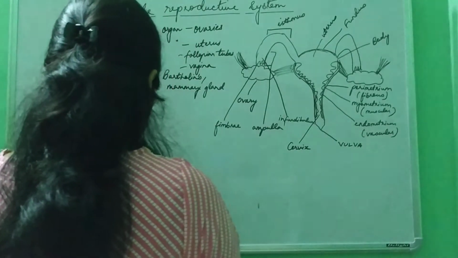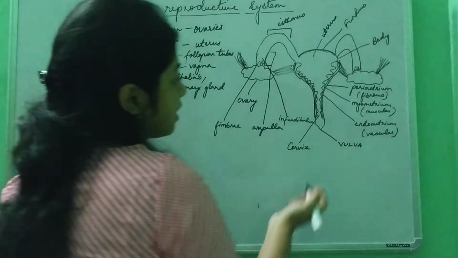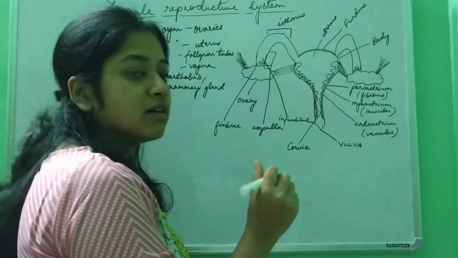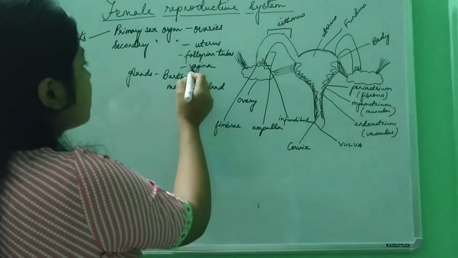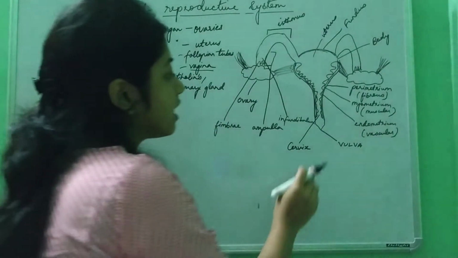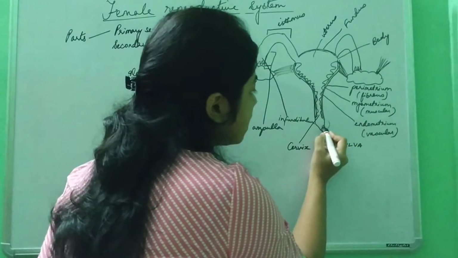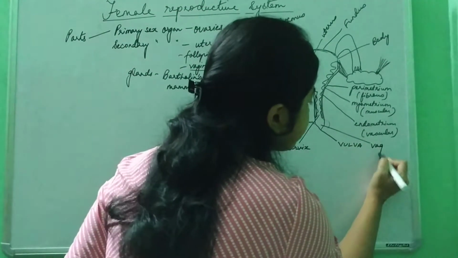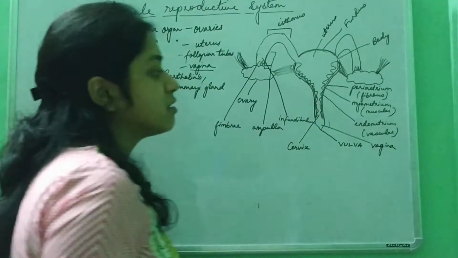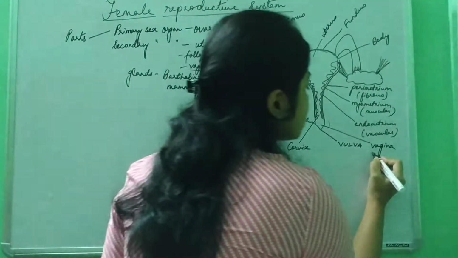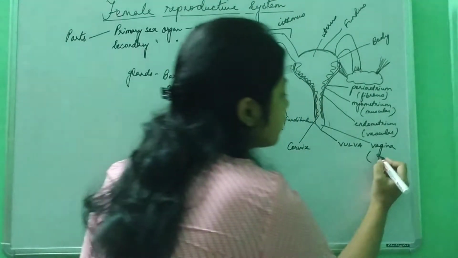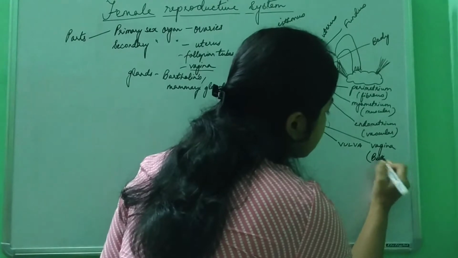The vulva is present in the vagina. I told you the secondary organ of the female is the vagina. This vulva will be present in the vagina region. So the vagina will be here. Okay, and what is the function of the vagina? The vagina will act as the birth canal.